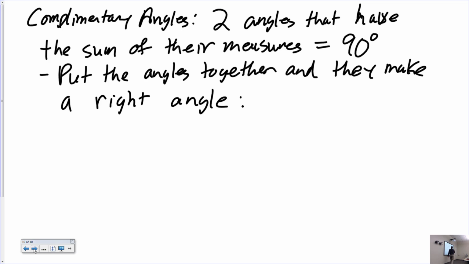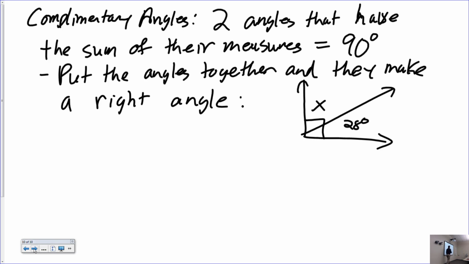You should be able to do things like, if I draw this and say this is a right angle, and this is a 28-degree angle, find x. How would you find x in that picture? You subtract 28 from 90.